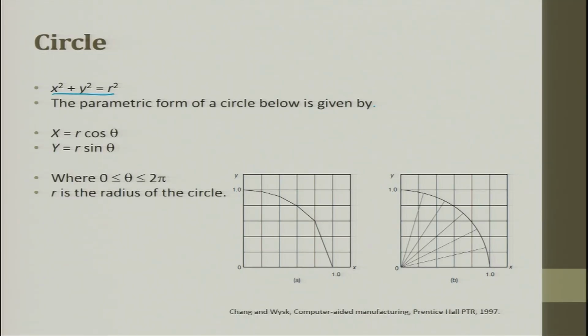In the parametric form, I represent it as x equal to r cos theta, y equal to r sin theta, where theta takes a value between 0 to 2 pi, and r is the radius. So, now you see in the parametric form, I am representing a circle. If you want to see, these are facets which I have drawn. The arc is divided into several facets, right. So, this is the curve which is getting drawn.